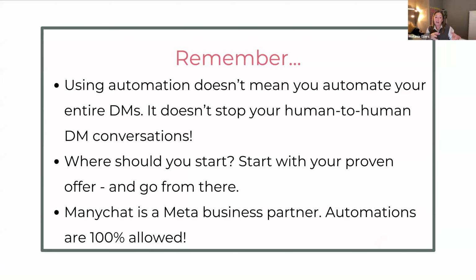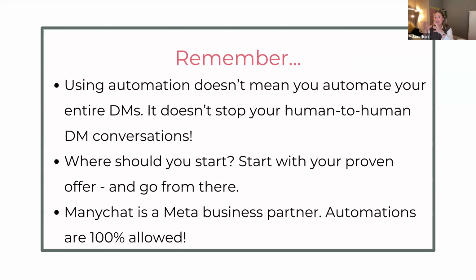So another question I always get is, where on earth should I start? I always say start with your proven offer and go from there. If you're a lead generation, service-based business, you have a lead magnet that you know converts, start there, use that. If you're an e-commerce brand, quite often e-commerce brands have on their website, sign up to our email list and get 10% off your first order.